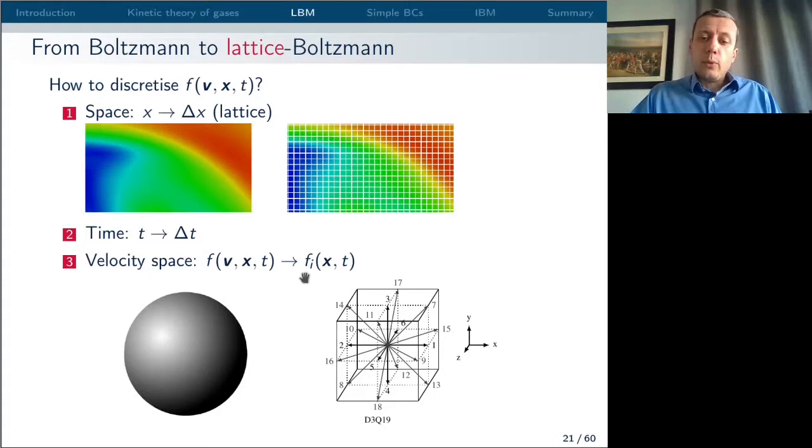What we do, we discretize f in terms of velocity space by allowing just a very small, and I mean very small, number of possible directions and speeds. In 2D, it is typically 9 different velocities. And in 3D, as you can see here, this example shows 19 different velocities, and there are also models with, for example, 15 or 27.